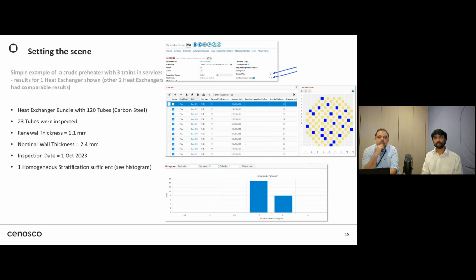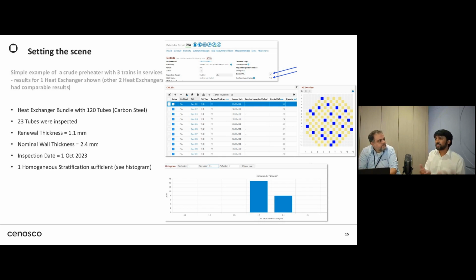Bringing in a question from later on: is it appropriate to inspect 100% of the tubes to establish the baseline data? Would you say that a full inspection would be good at the beginning, or can applying the methodology from the first inspection reduce that 100% baseline?